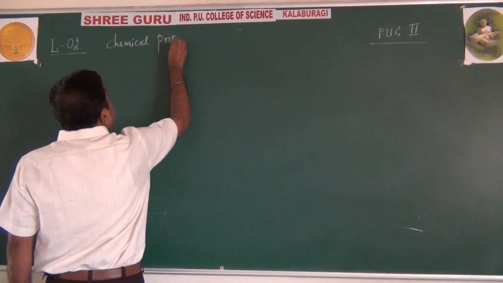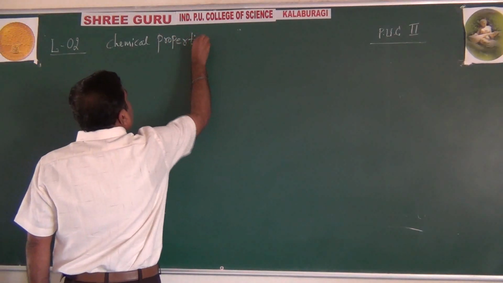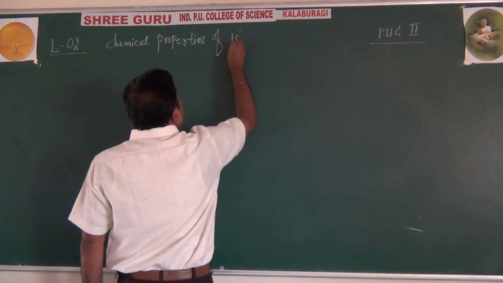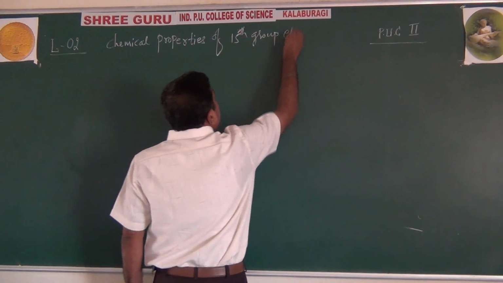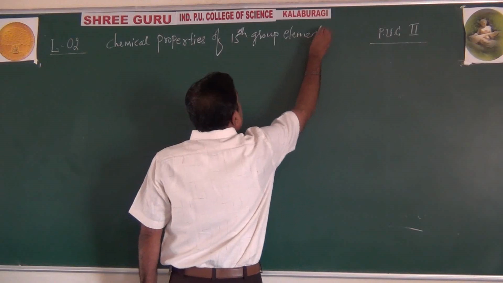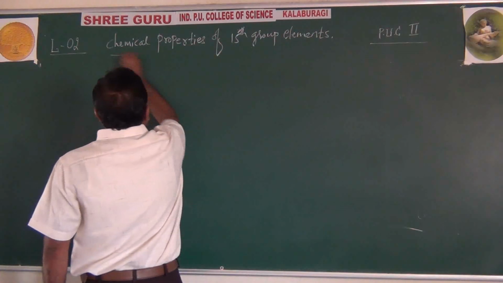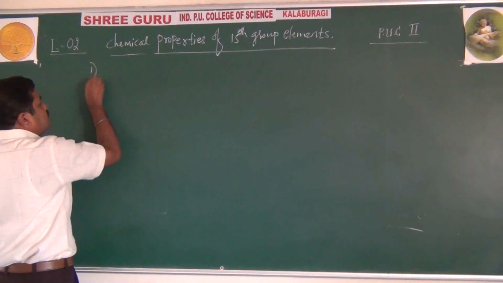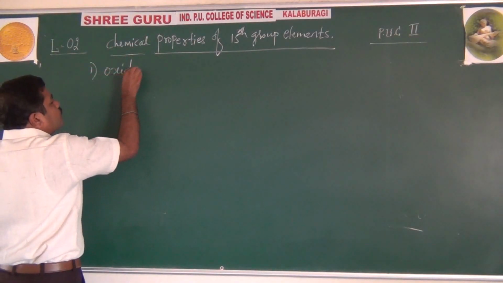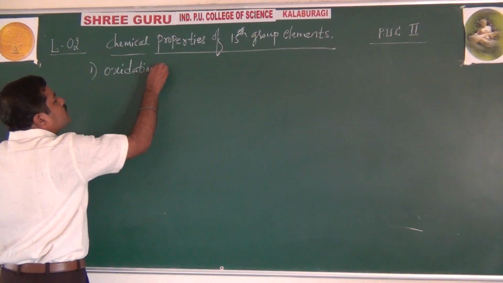Chemical properties of 15 group elements. In chemical properties, the first point is regarding oxidation state.